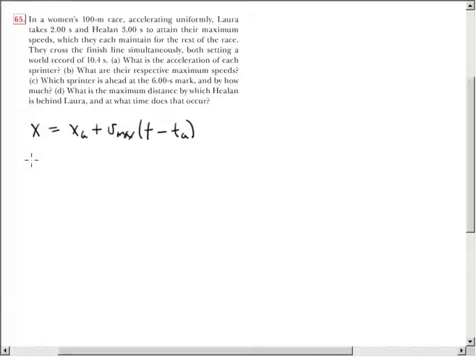For Laura, x equal 1/2 times 5.32 times 2 squared, that's the acceleration phase, plus 10.64 meters per second times 6 seconds minus the acceleration phase time of 2 seconds.